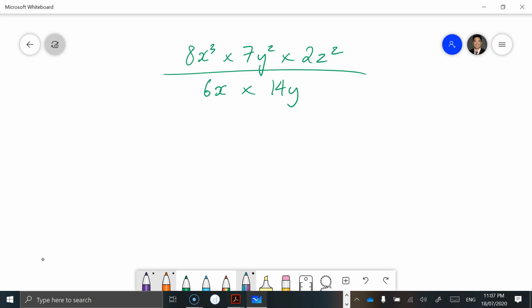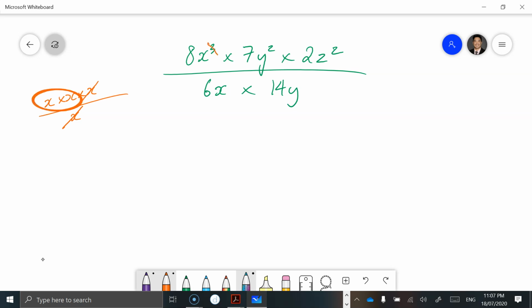Now, let's look at the x's here. So we've got x cubed divided by x. If we just broke it out to the side, x times x times x is the expanded form, divided by x. And so I've expanded into its factors. X and x can cancel out, leaving just x squared.